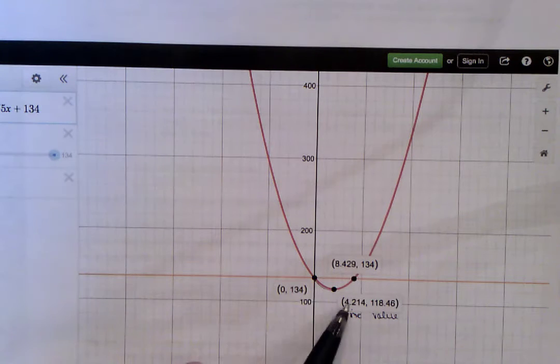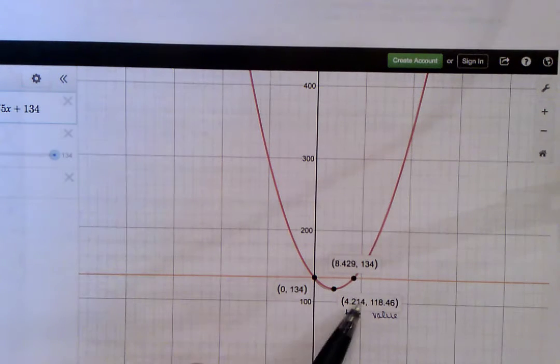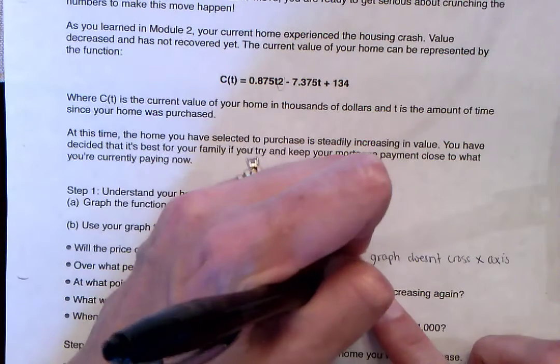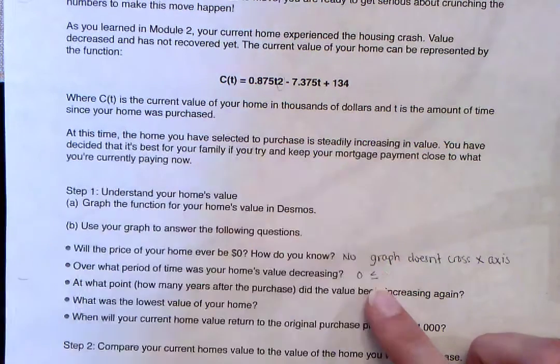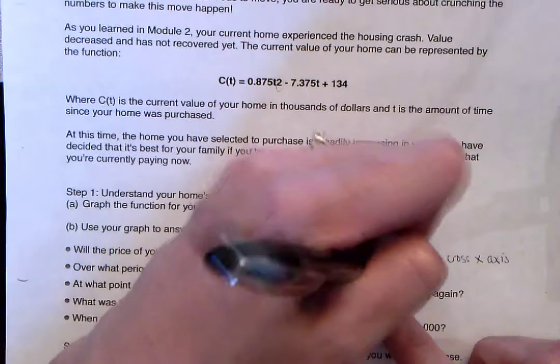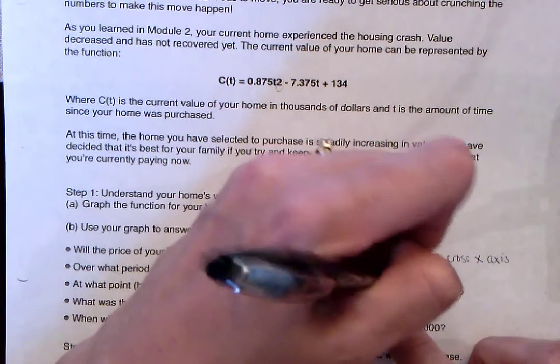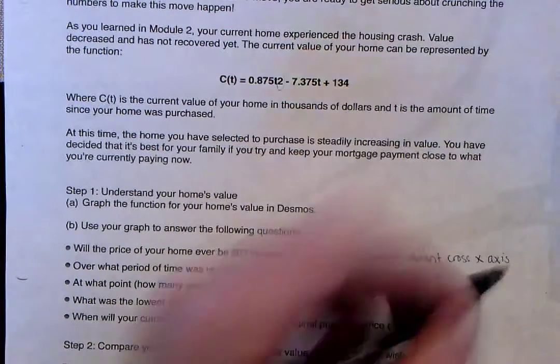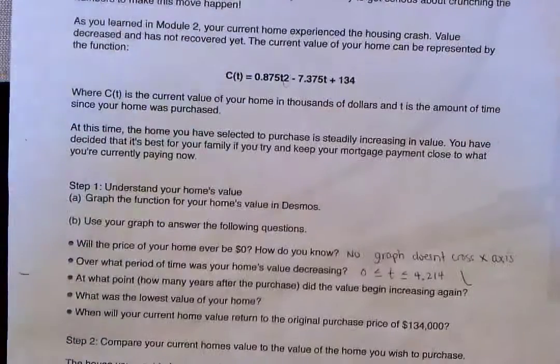From 0 to 4.214, that's when it's decreasing. So over what period of time is your home decreasing? We're going to say 0 less than or equal to t less than or equal to 4.214. That's when it's dipping down on the graph, like that.